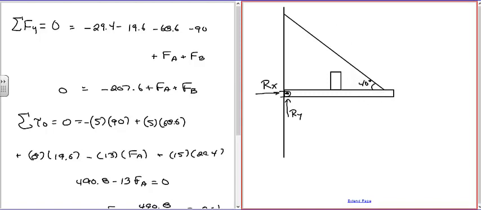And let's give some dimensions. Again, we need dimensions. So from the wall to the mass, we'll say is 4 meters. And from the wall to the support is, let's make it 9 meters.